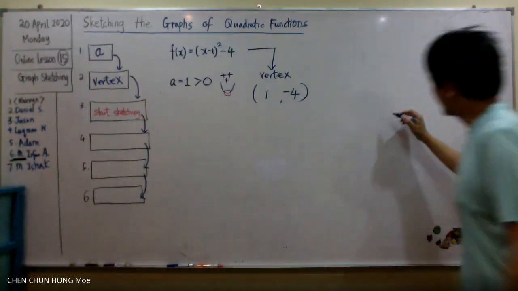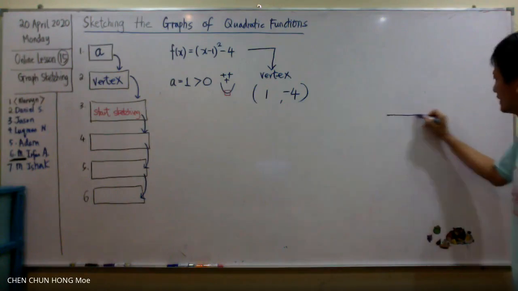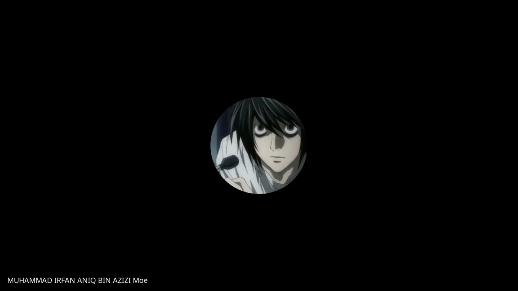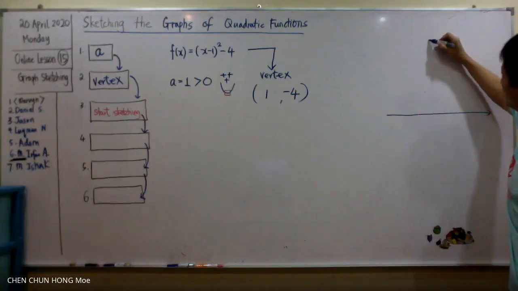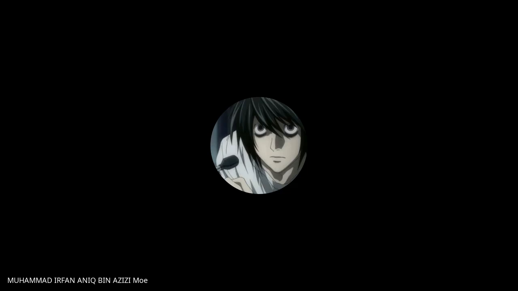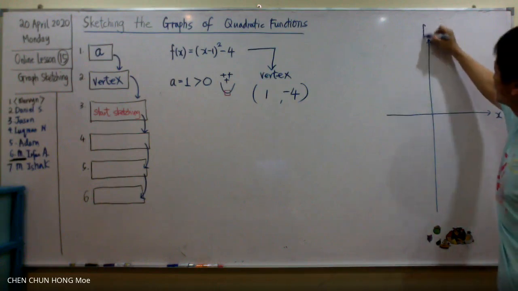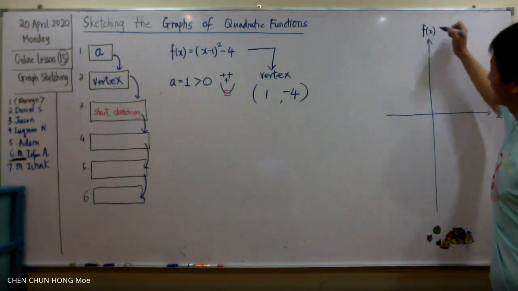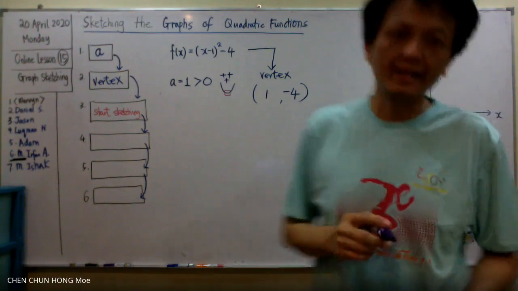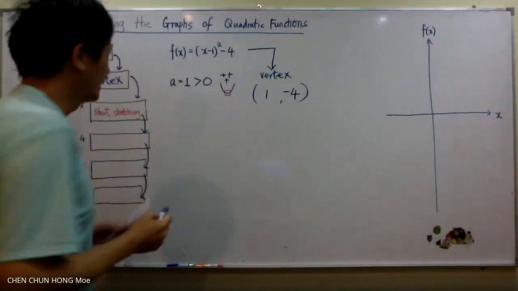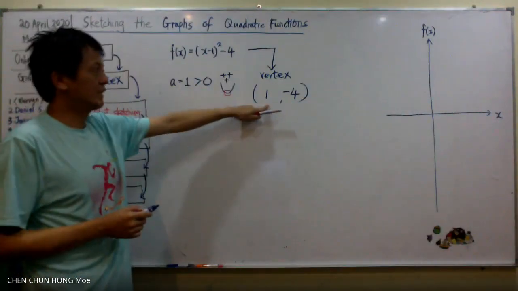Start sketching here, meaning you start with the axes, the x-axis and the y-axis. In this case, it is f(x). It can be g(x) or h(x) in other examples. Then next thing you can put your vertex in already.